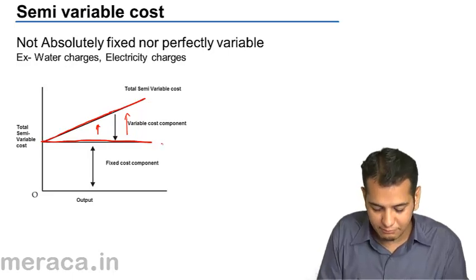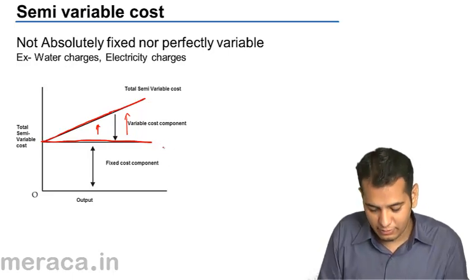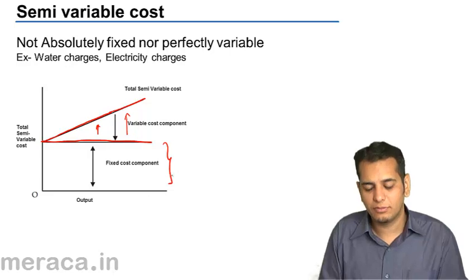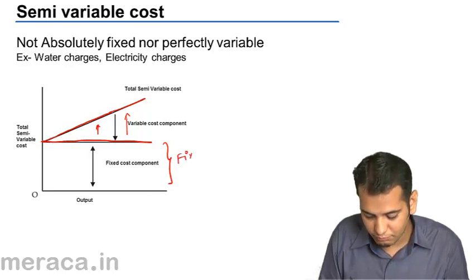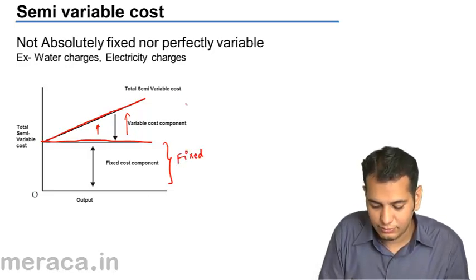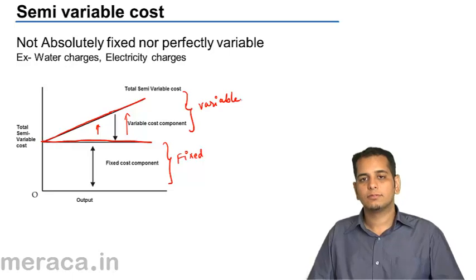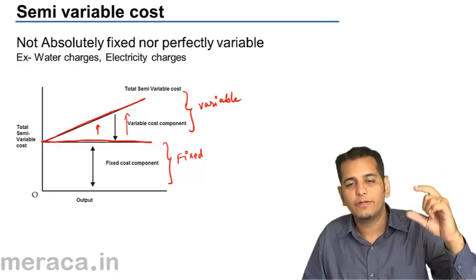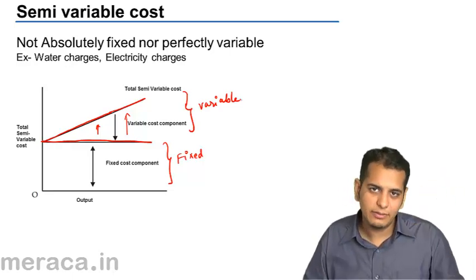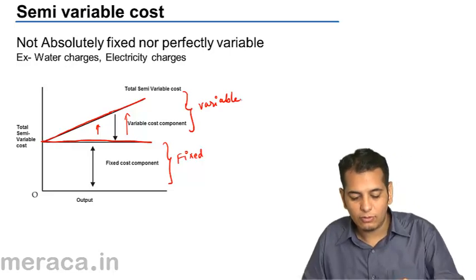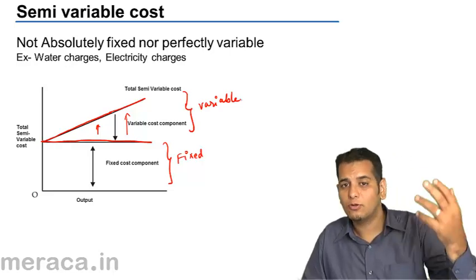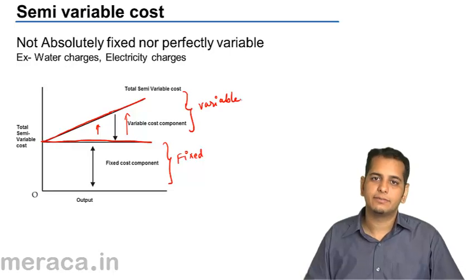And in this example, we can see that there are two components in the semi-variable cost. This is the fixed component and this is the variable component. Initially, the fixed component is greater than the variable component. Later on, the weight of the variable component goes on increasing.